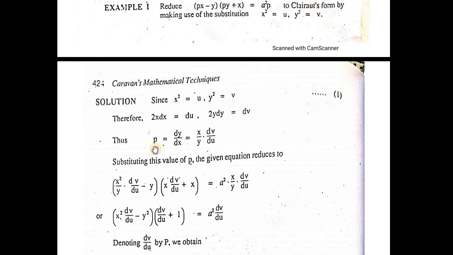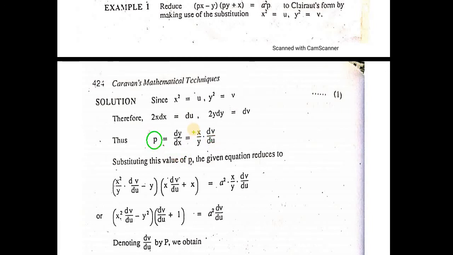Now we know that p means dy by dx. Now putting the value of dy from here and the value of dx from here, after simplification, p, which is dy by dx, is equal to x divided by y times dv by du. We have to remember this result.